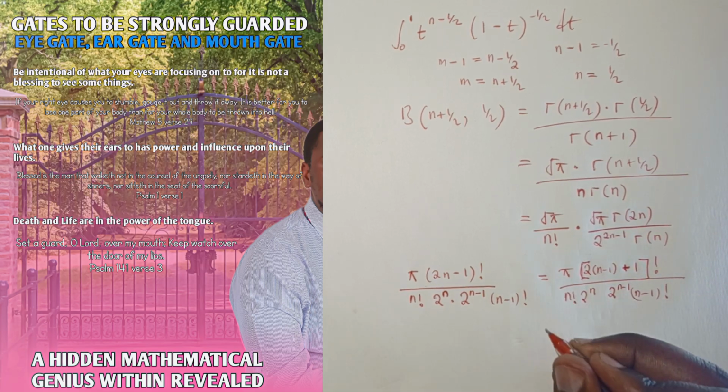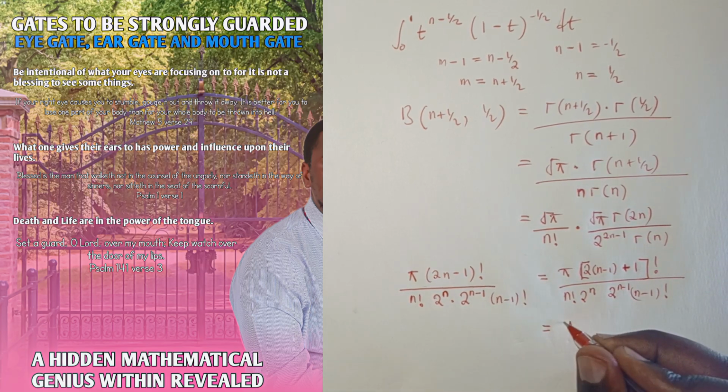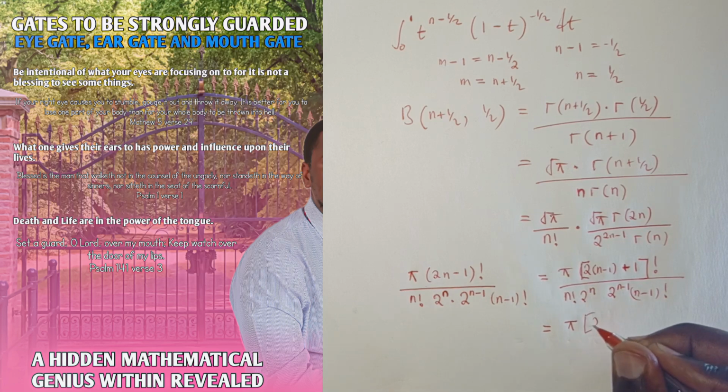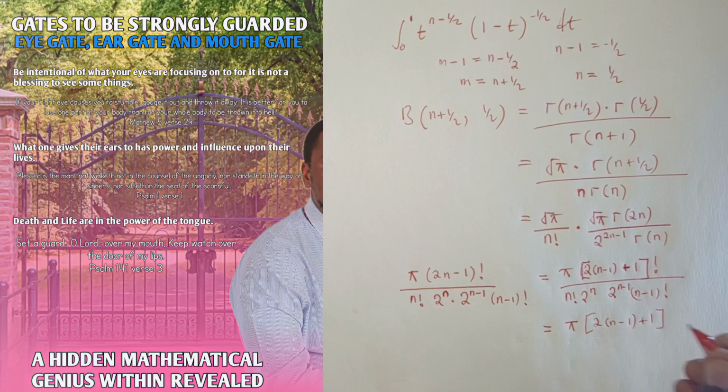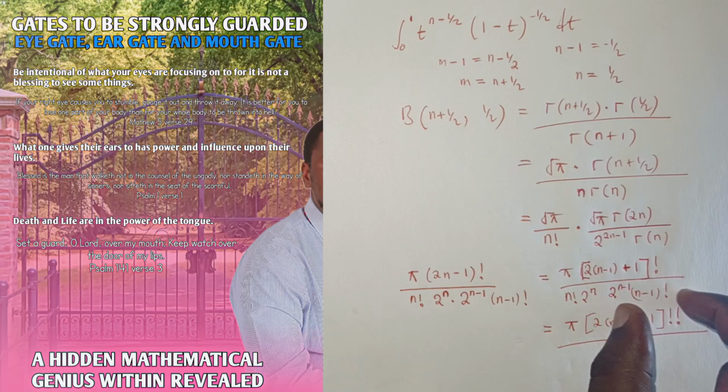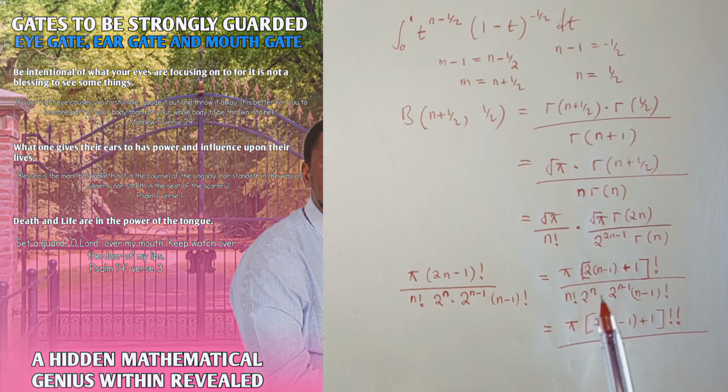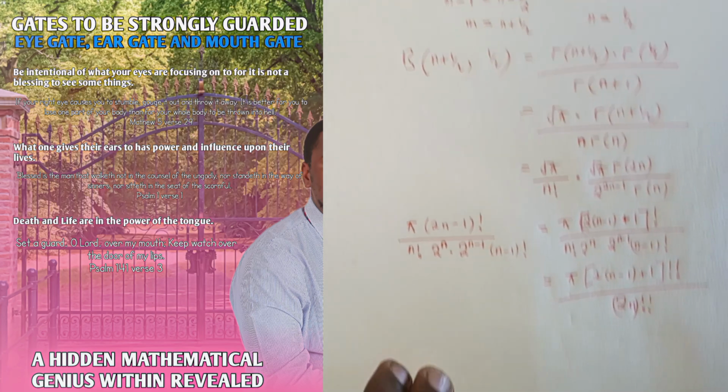So we have pi, this is 2 times (n minus 1) plus 1, a double factorial, over a double factorial, and n factorial and n factorial gives 2n, again a double factorial.